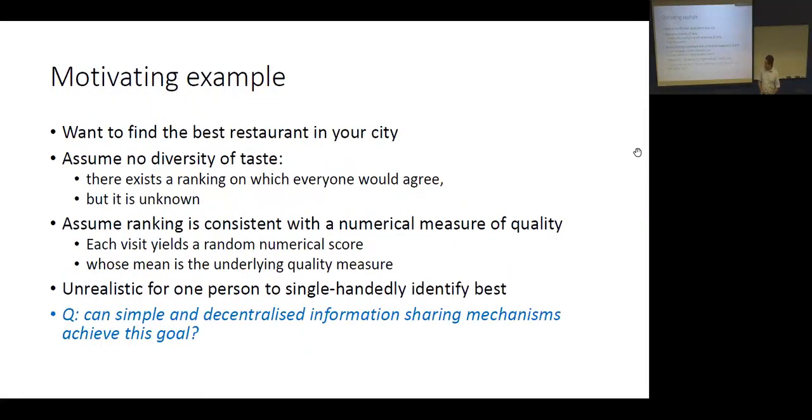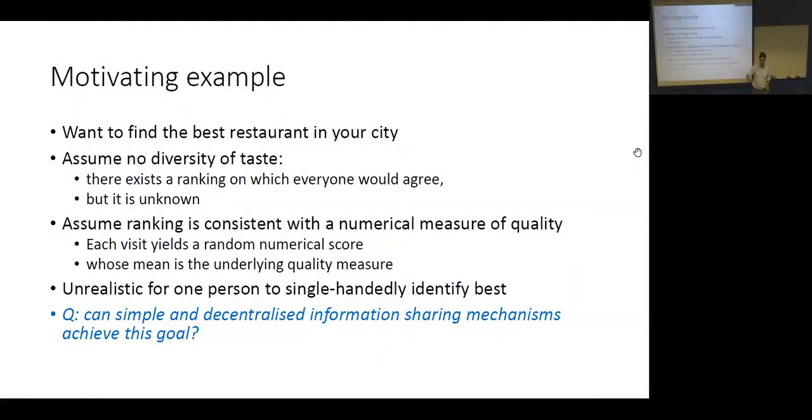Okay, so a slightly frivolous motivating example. You want to find the best restaurant in Atlanta. Okay, so let's say this notion is well defined. There are many things you can disagree about the whole model in this setting, but it's a nice way of introducing many of the model assumptions, which are indeed quite strong.